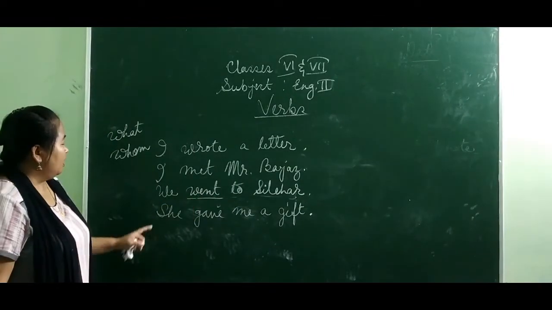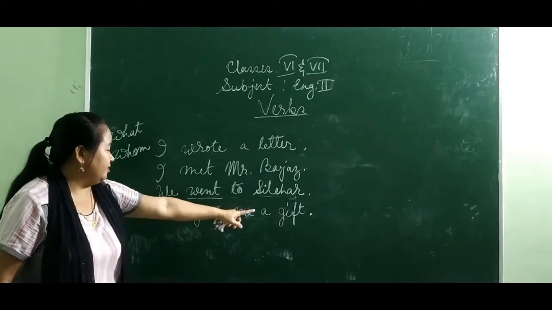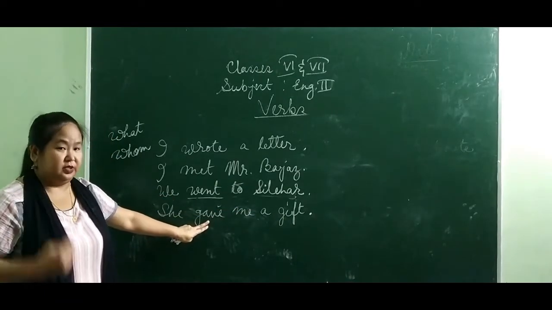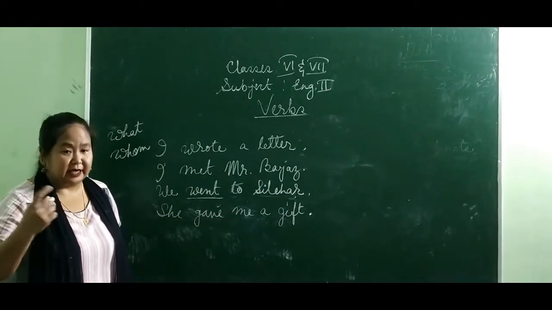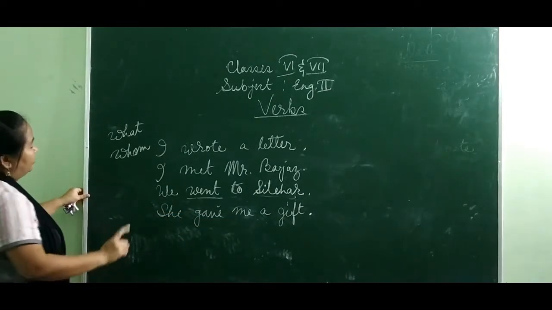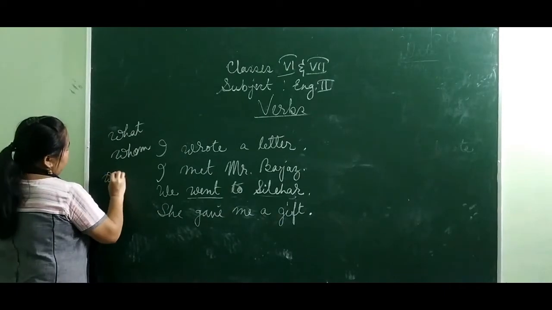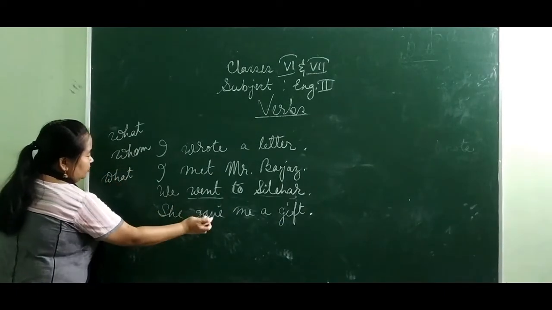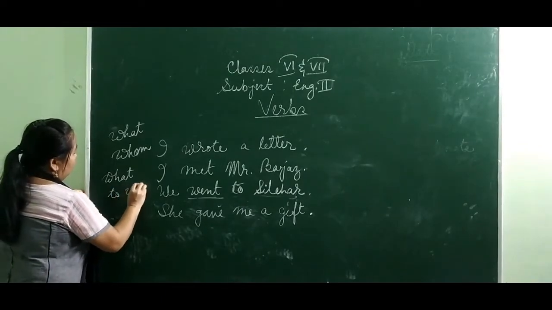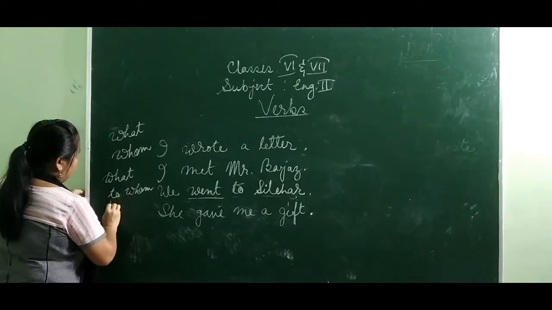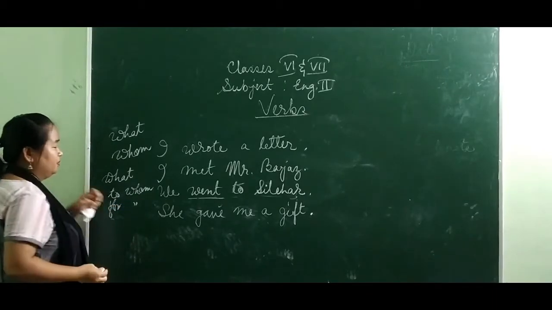Now, she gave me a gift. Sometimes some verbs take two objects. When a verb takes two objects, one is a direct object and one is an indirect object. To find a direct object, we need to ask what to the verb, and to find an indirect object, we ask to whom or for whom to the verb.